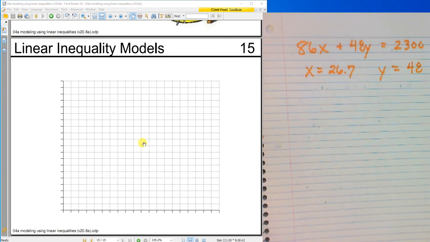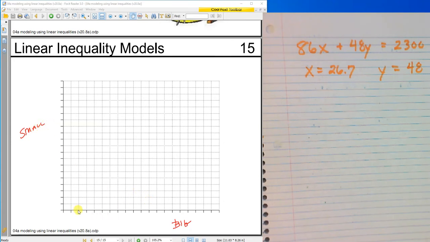I'm really thinking about my scale here, trying to figure out how to make it fit on the paper. So we'll call this smalls. x is big and y is small. And I need to get my bigs up to 25.